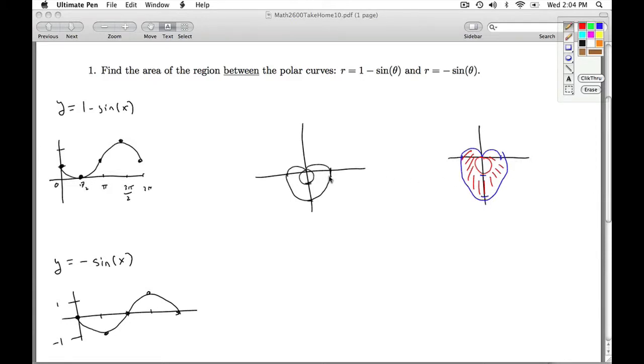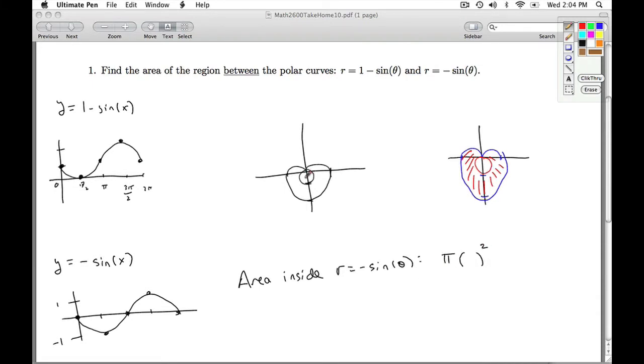Well, I can find the area inside the first curve and then subtract from it the area inside the second curve. Now, the area inside the second curve, that's a circle. So the area inside r equals negative sine theta, I can find using geometry. That's just pi times the radius squared.